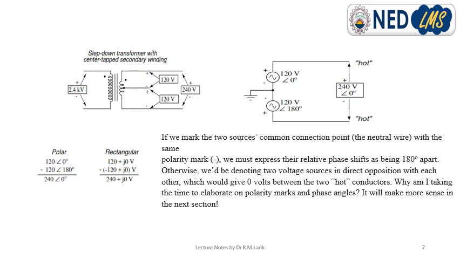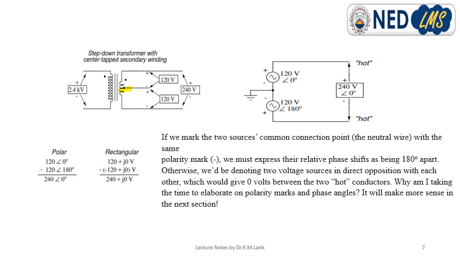The taps are taken from the center, and it gives a supply of 240 volts; when you take the center tap, it splits into 120 and 120. So this is another way to supply single phase loads.